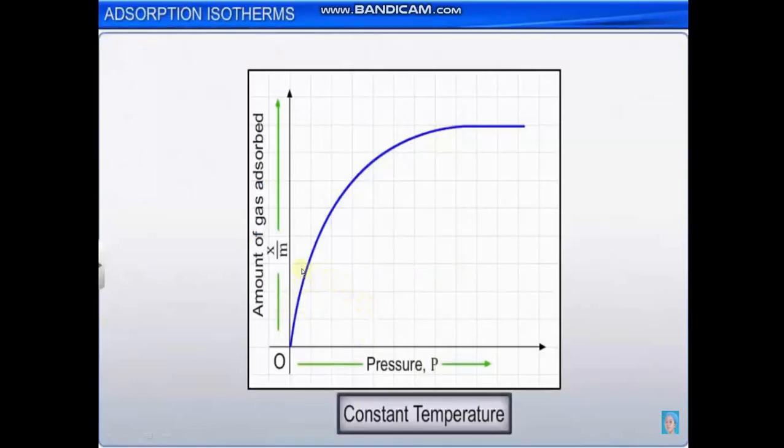Now you can see here the graph. This graph is plotted. The relationship is generally represented in the form of a curve, where the mass of the gas adsorbed per gram of the adsorbent is plotted against pressure. X upon M is taken on y-axis and pressure is taken on x-axis.